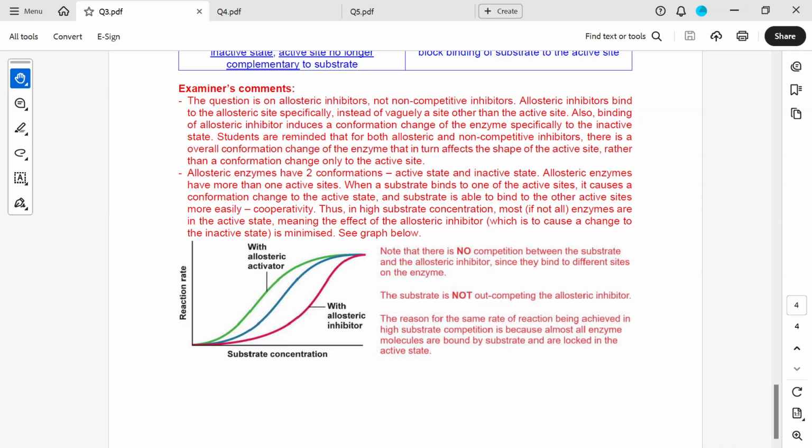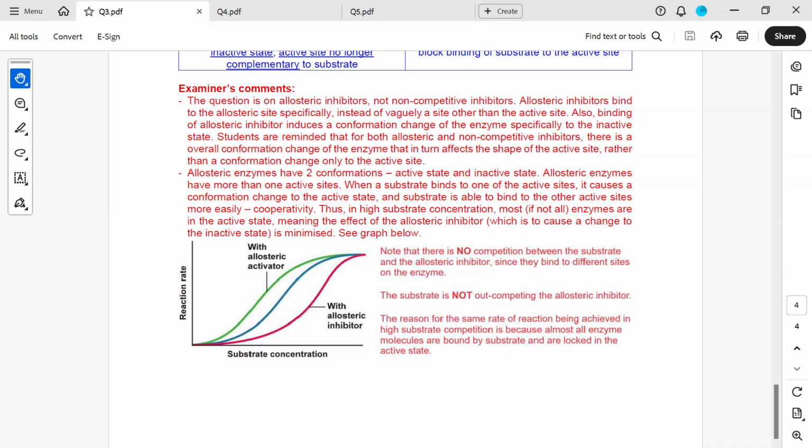So this is a special thing about the allosteric inhibitor or allosteric enzyme. The allosteric inhibitor is not a competitive inhibitor. It does not bind to the active site. It is not competing with the substrate. So this is not the substrate in high concentration outcompeting the allosteric inhibitor. That's for a competitive inhibitor.